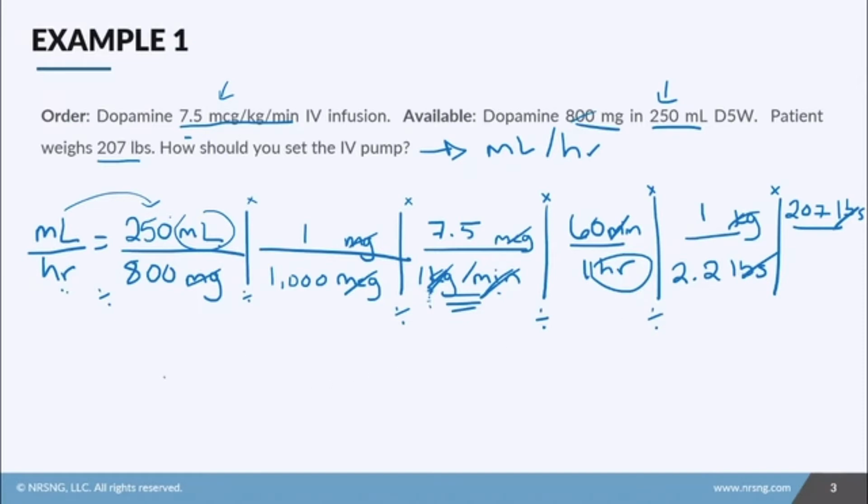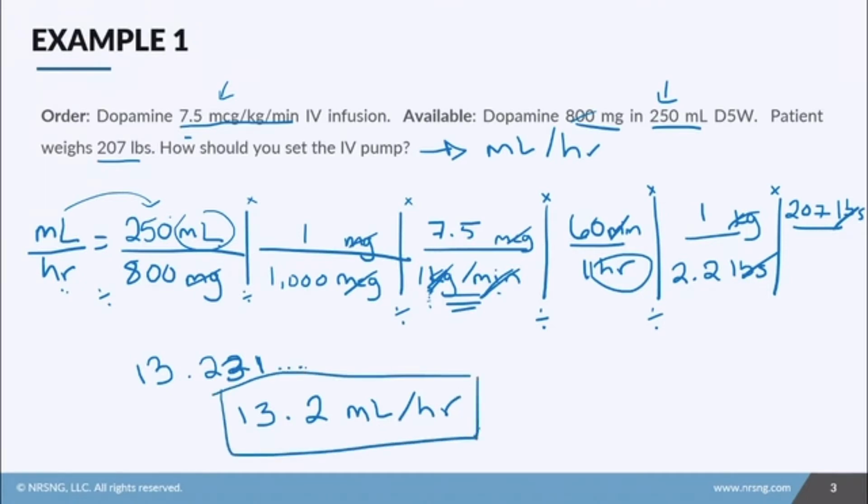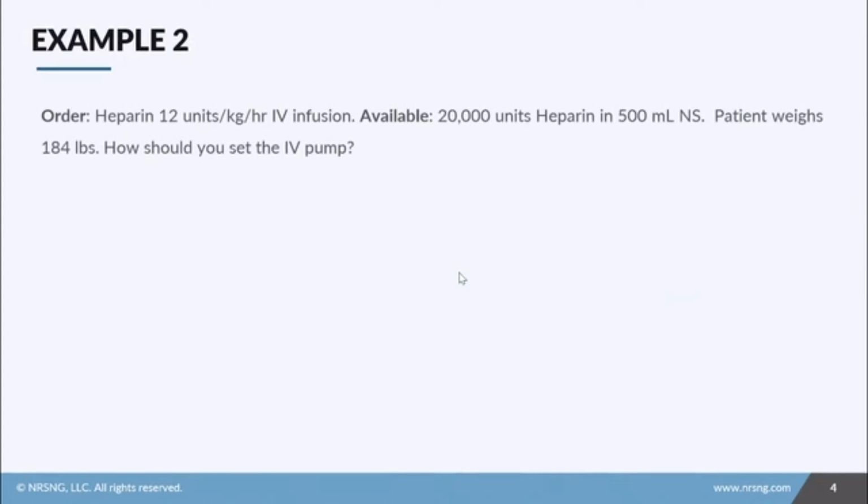The number that you end up with in your calculator should be 13.231, etc. Round to the nearest tenths, because this is milliliters per hour, you're going to end up with 13.2 milliliters per hour. Do your final verify. Does it make sense? You can always plug it back in, but 13.2 seems like a reasonable number, so we know this is correct. All right, let's look at another one.